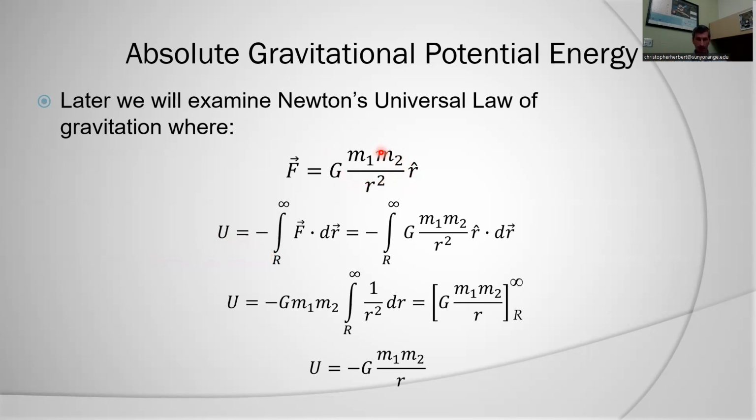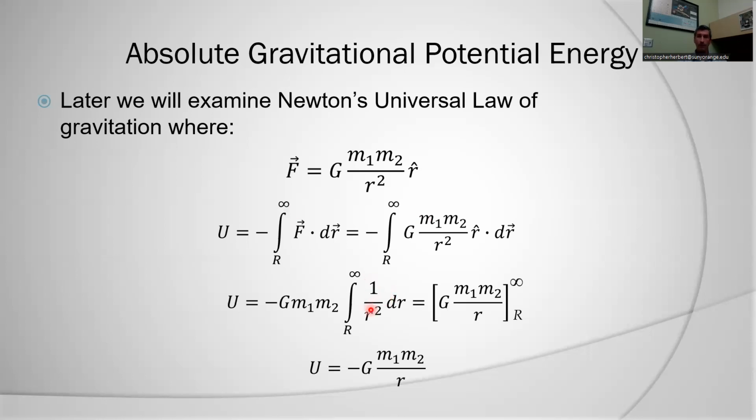So taking a look at this, I can integrate F dot dr, doing it in the radial direction. In this particular case, I can take G and the two masses out of the equation. I can just bump them out front. And if I take the product of r-hat dot dr, I'm just getting dr out of that, instead of the vector dr direction. And I'm left with 1 over r squared.